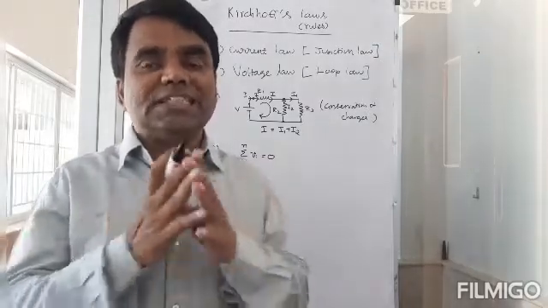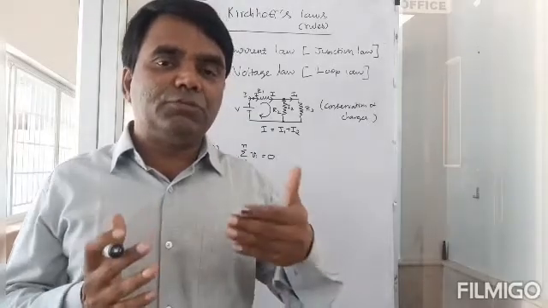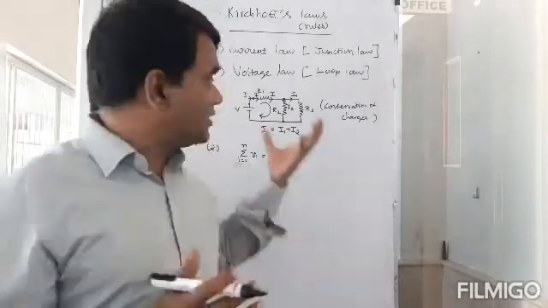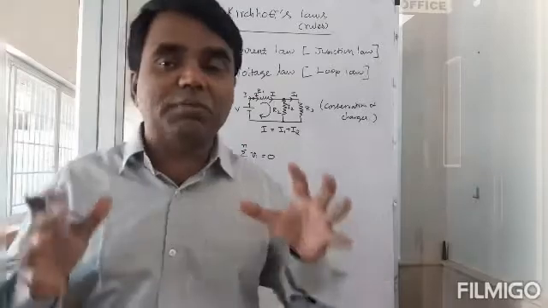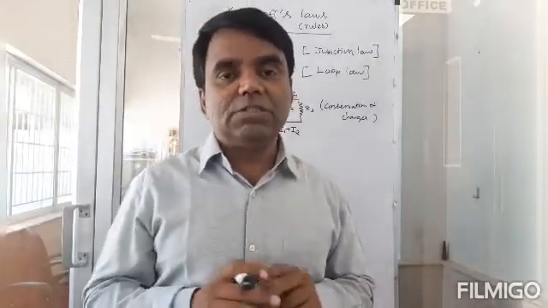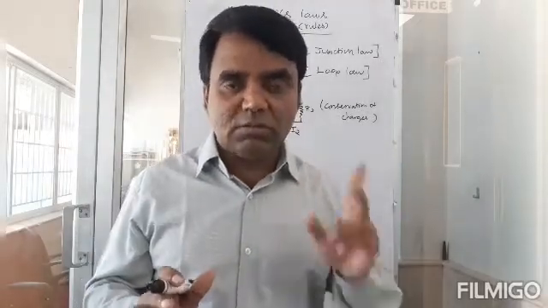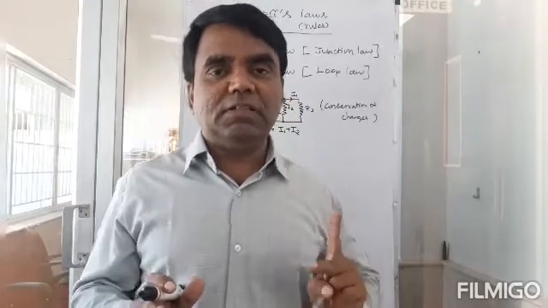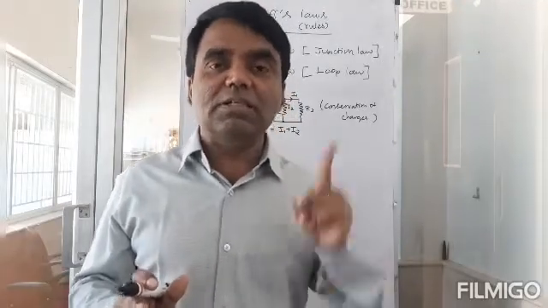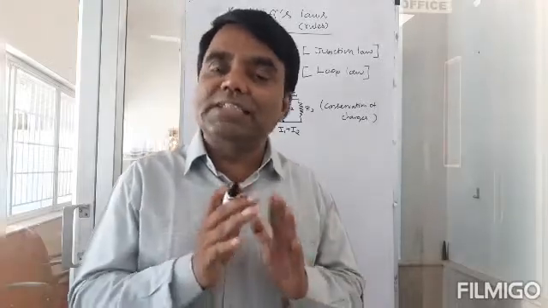Kirchhoff's laws are used extensively in electrical engineering. And if you go study electrical engineering, then Kirchhoff's laws will form the basis on which everything else is built. Okay? So there are two simple laws. One is the current law, the other one is the voltage law. The current law is also called the junction law. And it says a very simple thing.